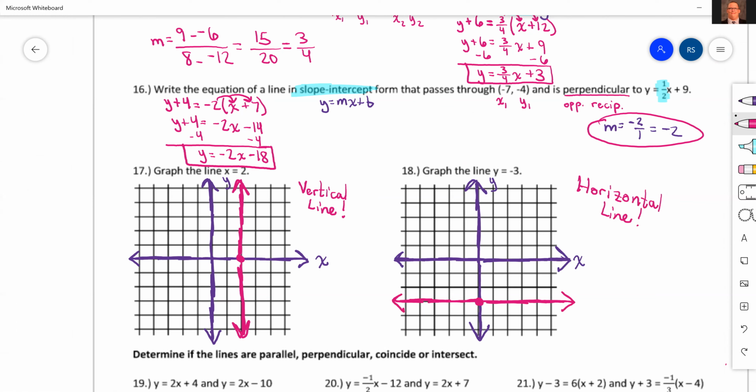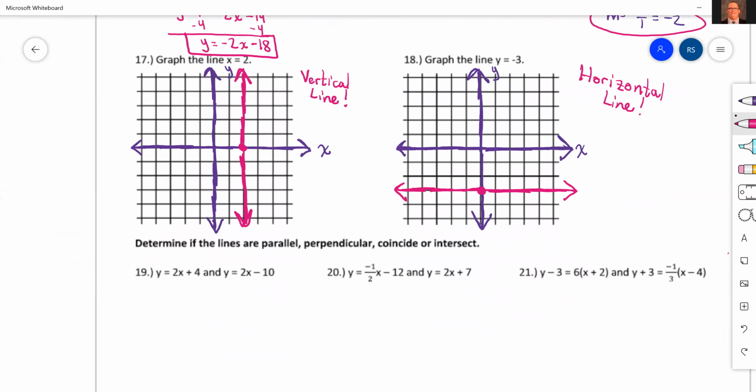And the last group, they want us to say if the lines are parallel. So remember, parallel means same slope, different intercept.